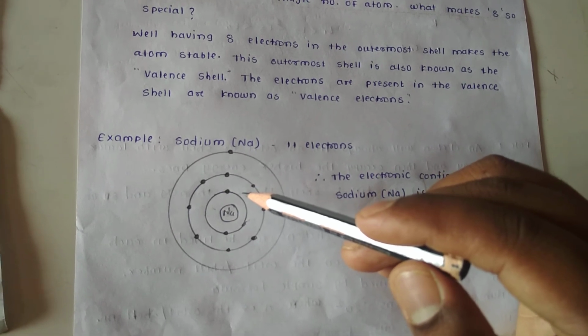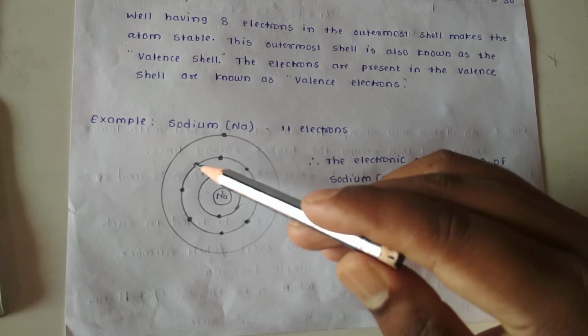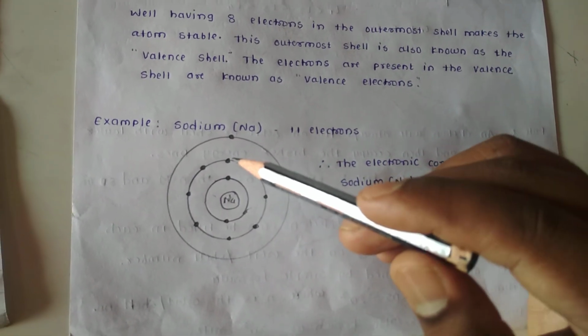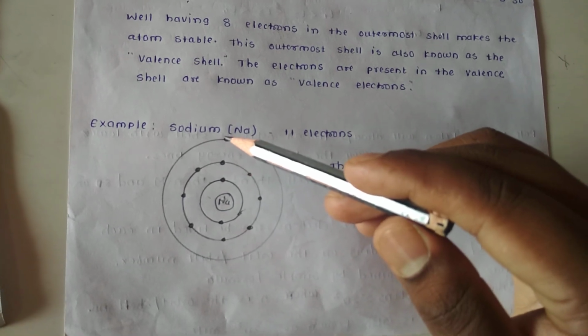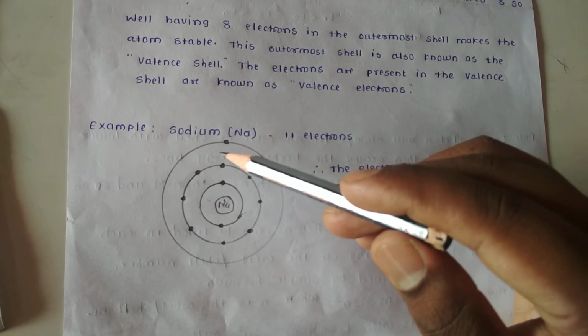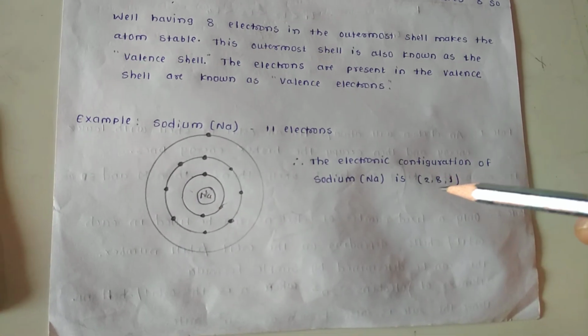So out of 9, 8 electrons enter the L shell: 1, 2, 3, 4, 5, 6, 7, 8. And the remaining 1 electron enters the M shell. Now the M shell becomes the valence shell.